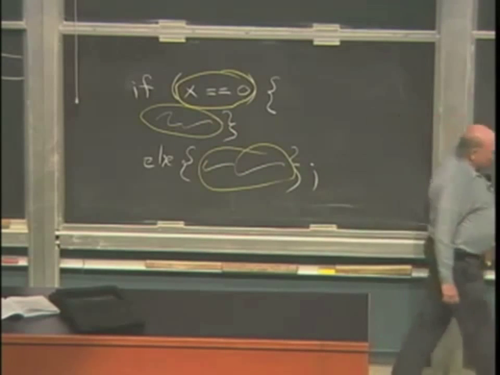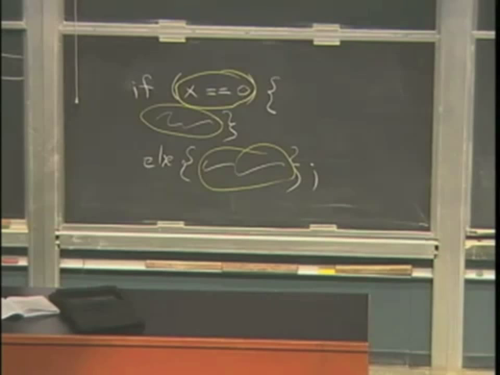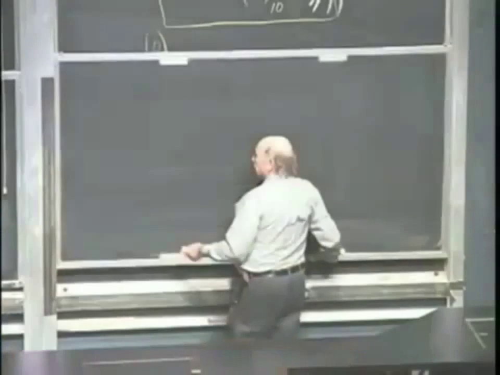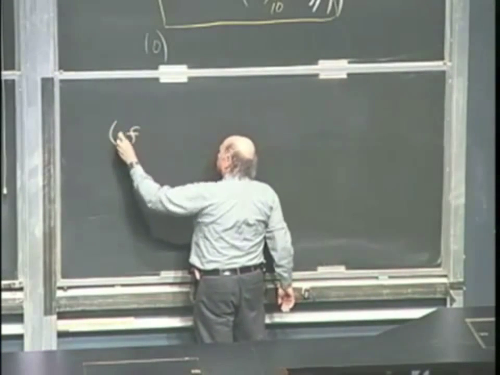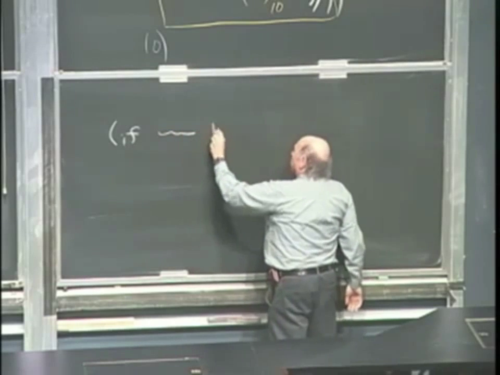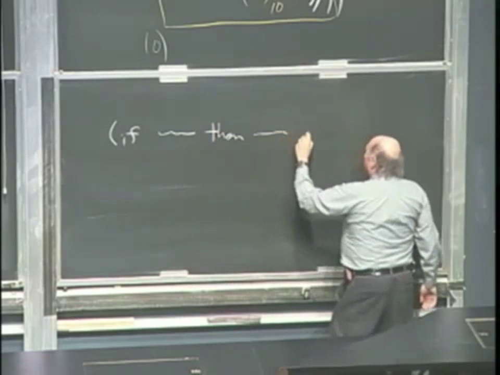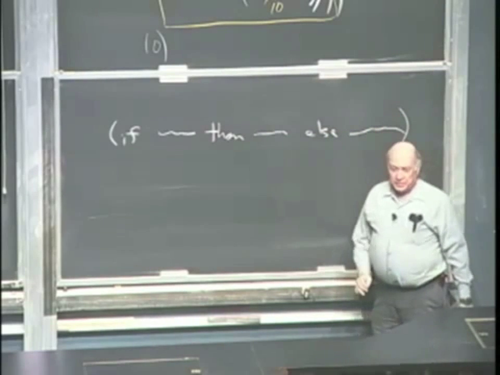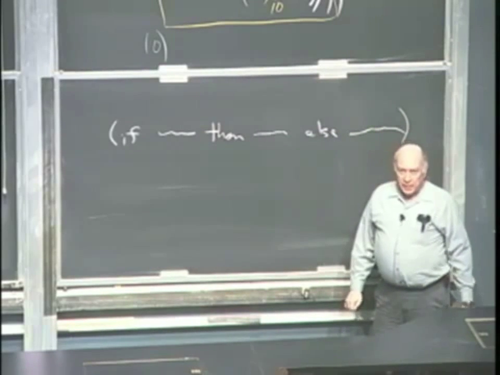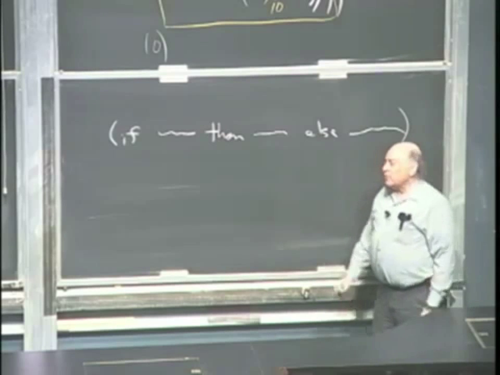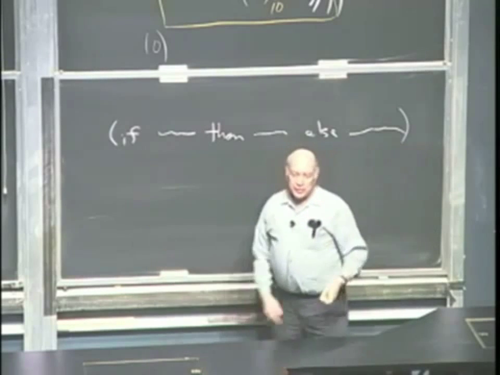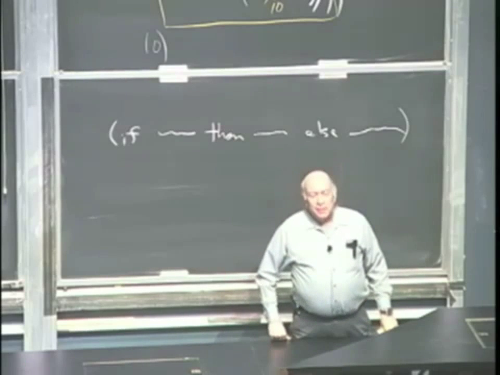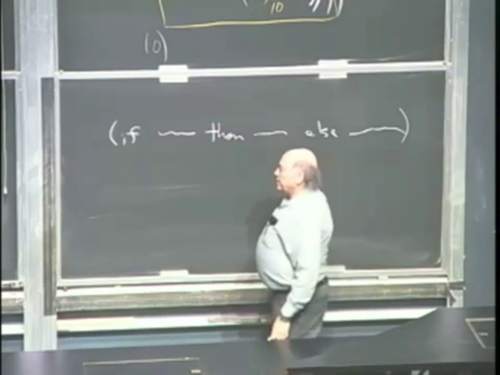And in the schemulator language, you say, if blah, blah, blah, then blah, blah, blah, else blah, blah, blah. All these things in parentheses. Okay? So now along comes an if expression. We see the first word is if. Okay, it's the if special form. How am I going to implement this?